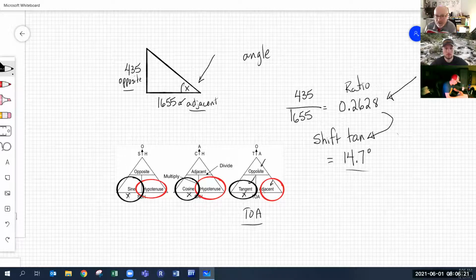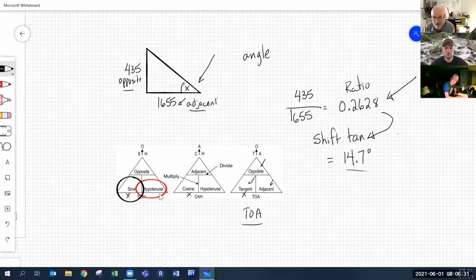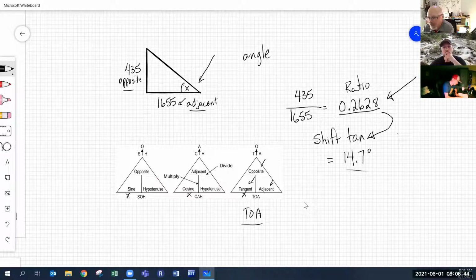I think we need to do a bunch more of these. Let me just get rid of these circles that are on. Doug, I got an error on my calculator. How do you fix that? An error? Yeah, syntax error. So I want you to try this again. Type in the 0.2628 and then hit shift tan.